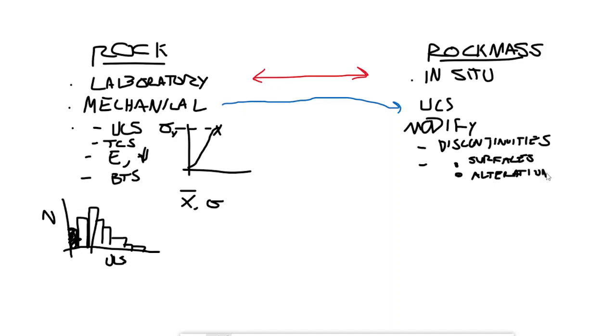So alteration, and you're going to care about the spacing of these discontinuities, right? Do they break the rock up into a few big blocks like this, where it'll be easy to put a bolt in there to pin them together? Or is it going to be this big, nasty, broken mess of rubble when you're tunneling through it?